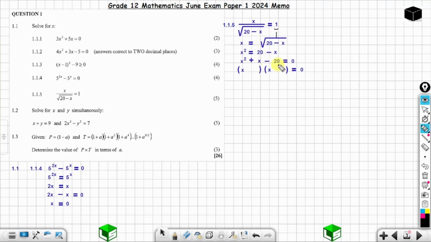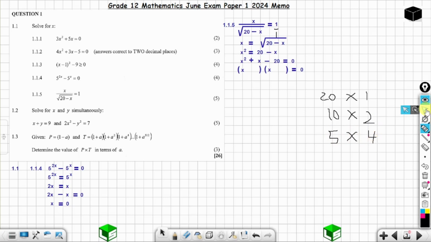Negative 20 is, you have 20. 20 is 20 times 1. 20 is also 10 times 2. 20 is also 5 times 4.